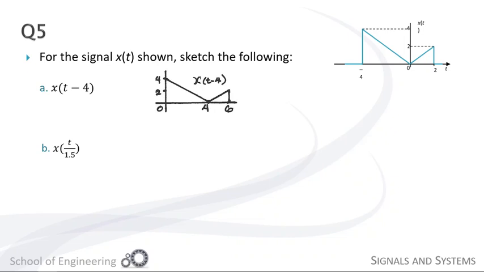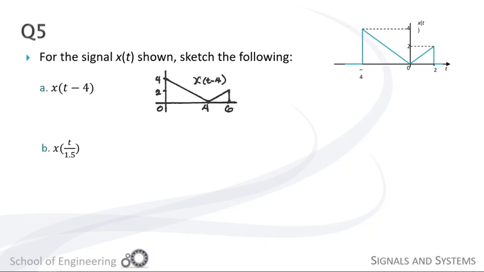Which one is it? You are dividing by 1.5. Normally when you divide, it becomes smaller, but here it's the opposite, because when you divide, it's taking longer to get there. So it's actually expanding it in time by 1.5.